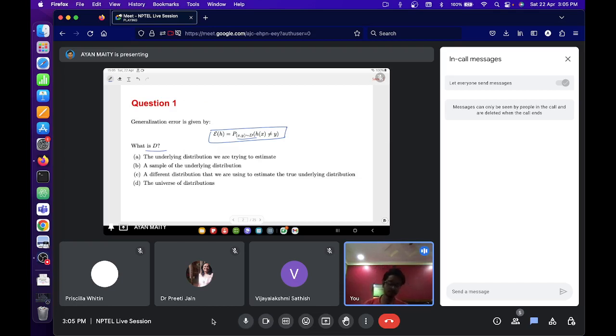There are 4 options. Option A, the underlying distribution we are trying to estimate; option B, a sample of the underlying distribution; option C, a different distribution that we are using to estimate the true underlying distribution; and option D is the universe of distributions.